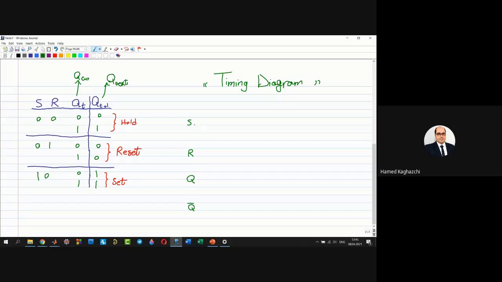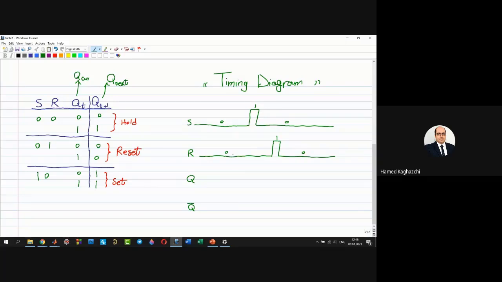The S can be 0, if I set it to 1 and again change it, my S is also 0, and also I can set it to 1. Here is 1, 1, 0, 0, 0, 0.